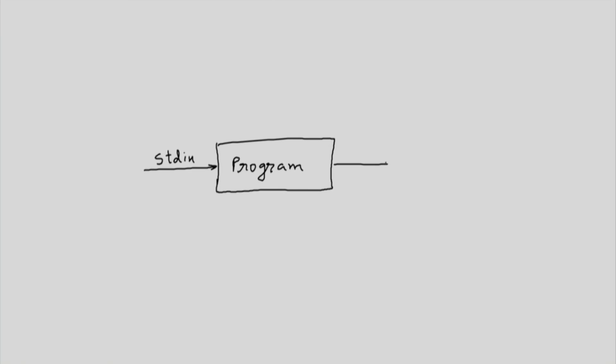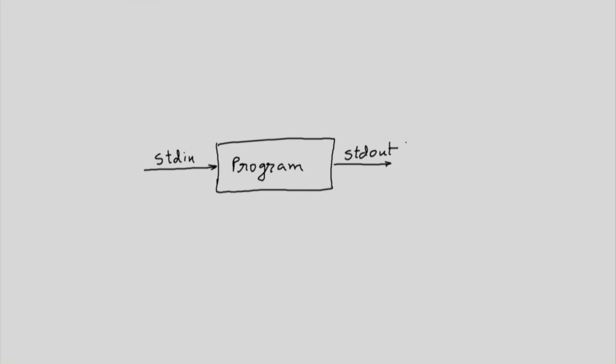When we execute our program, the operating system connects the file STDin to our program and similarly connects the STDout to our program.